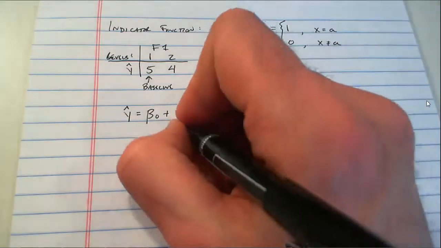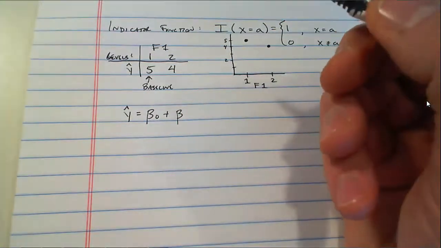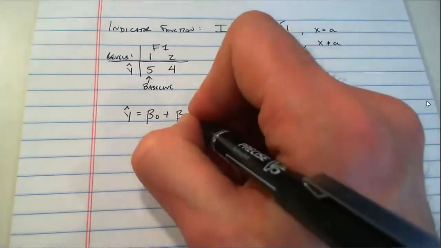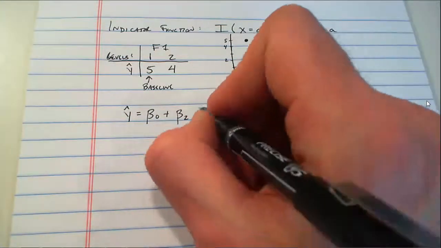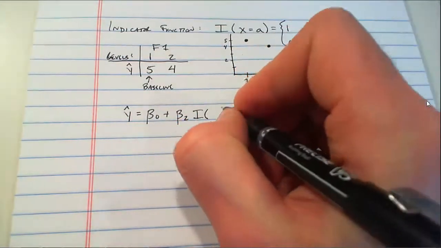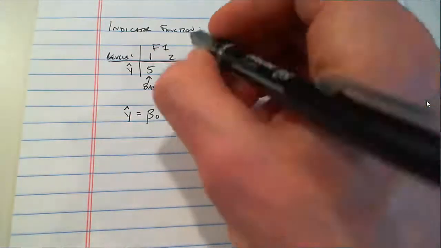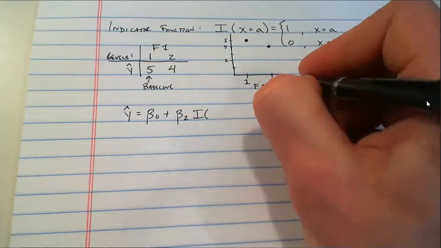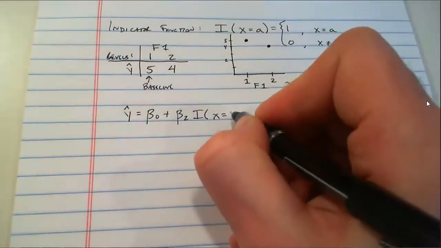We're going to do beta 1, or maybe I'll call it beta 2 because it's group number 2. Doesn't really matter what these are called. Beta 2 times the indicator function when factor 1, so why don't we call this x, okay? When x equals 2.